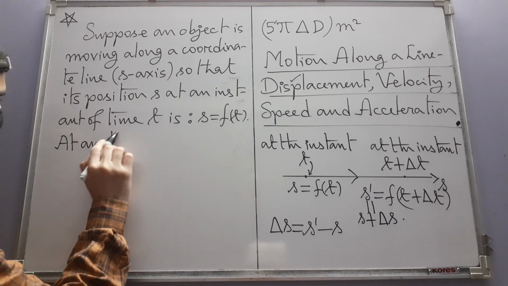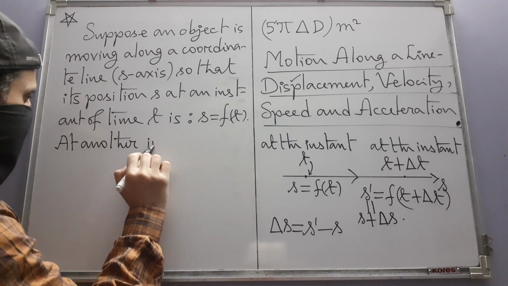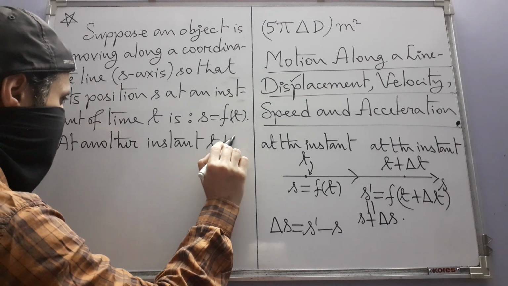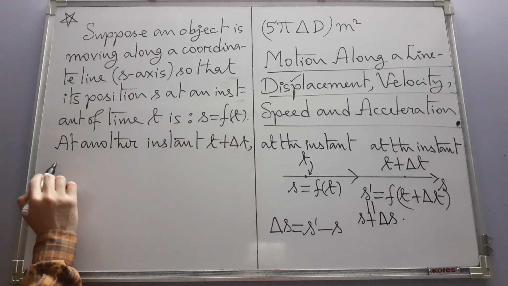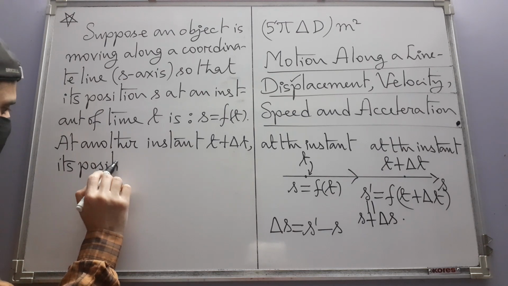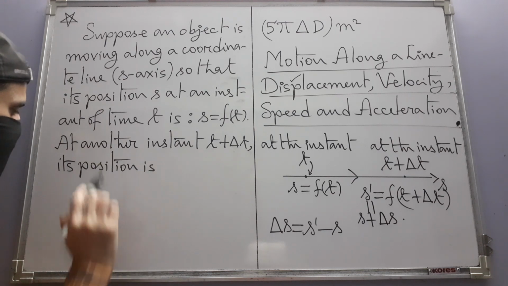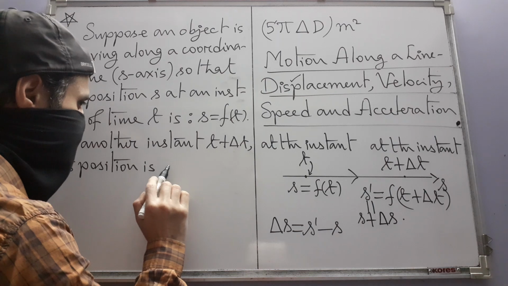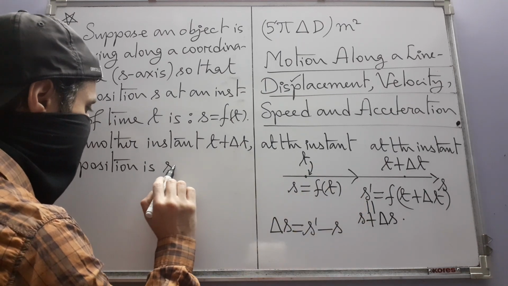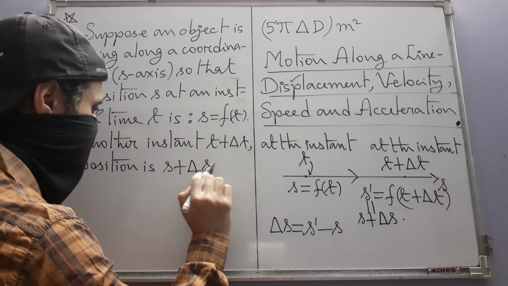At another instant t plus delta t, its position is, instead of writing this s prime, I am straight away going to write s plus delta s.